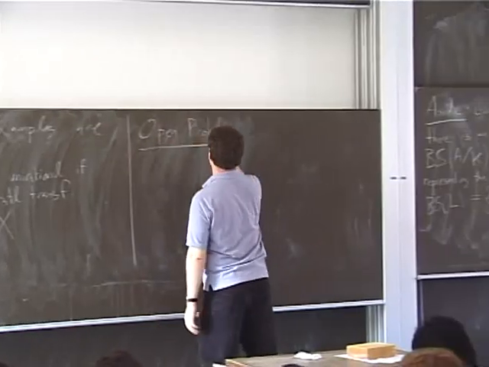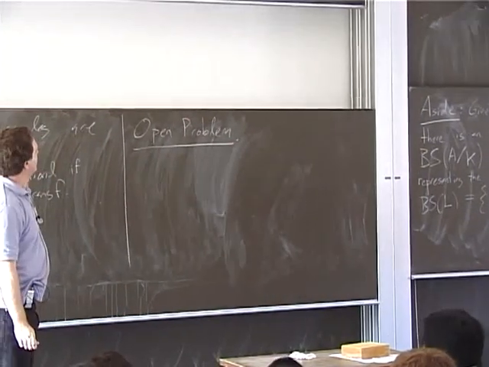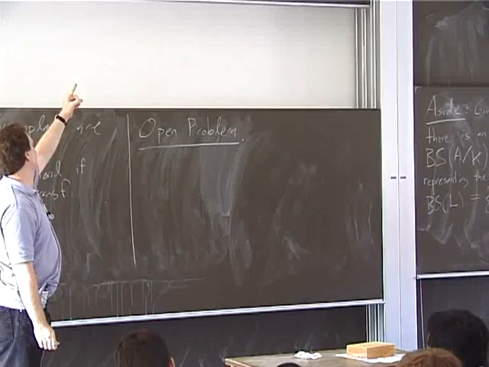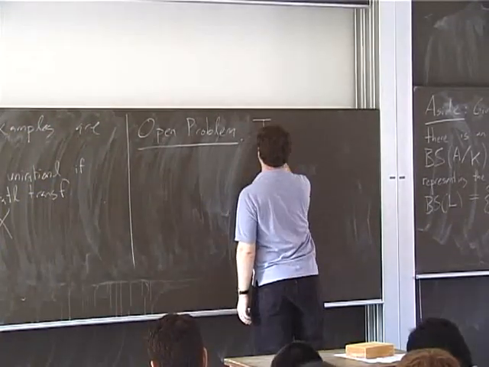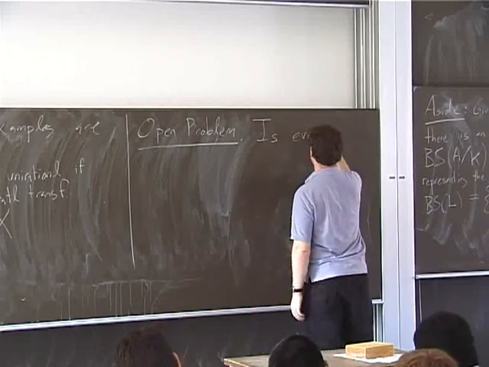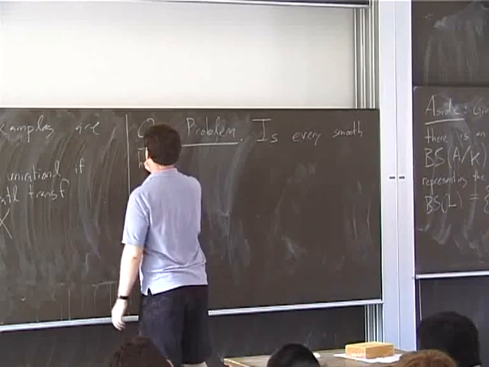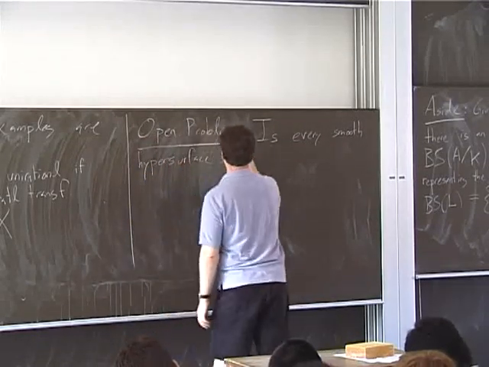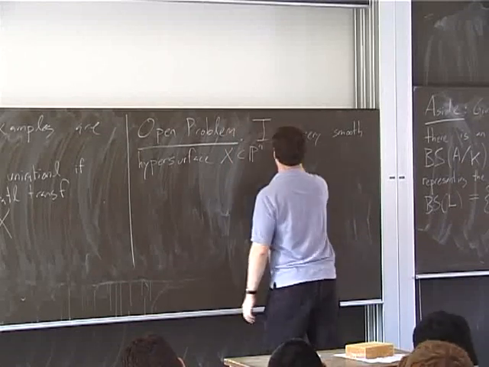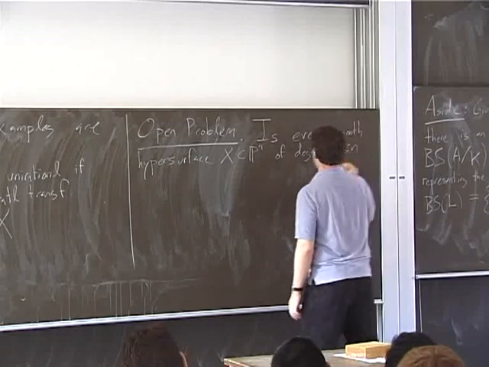But the strong suspicion is that most of these hypersurfaces are not unirational. So the open problem is: is every smooth hypersurface X in P^n of degree d less than or equal to n unirational?